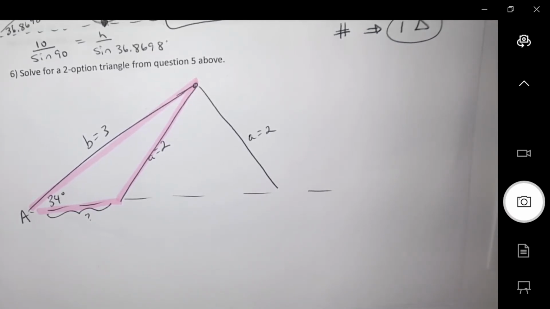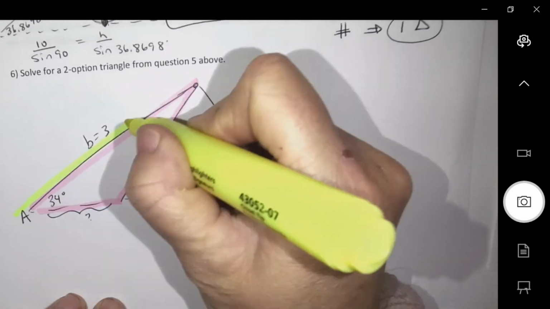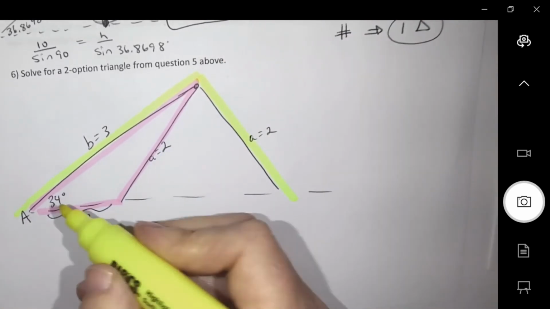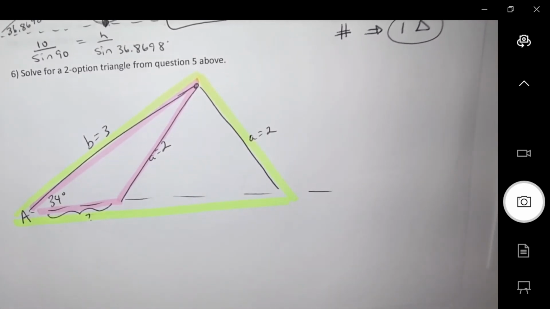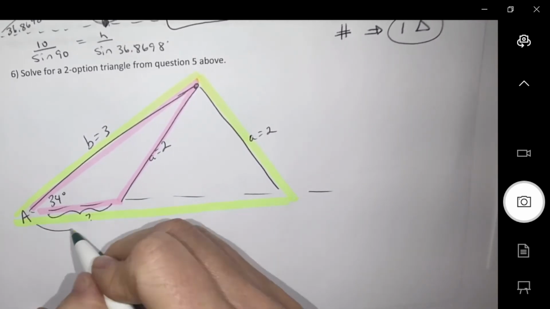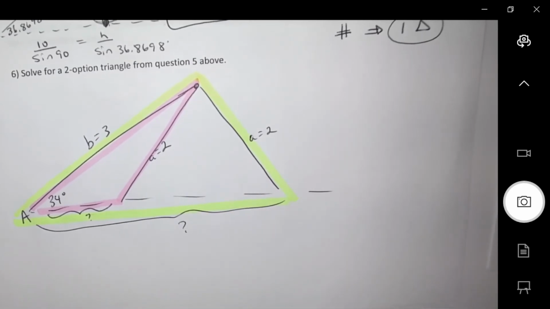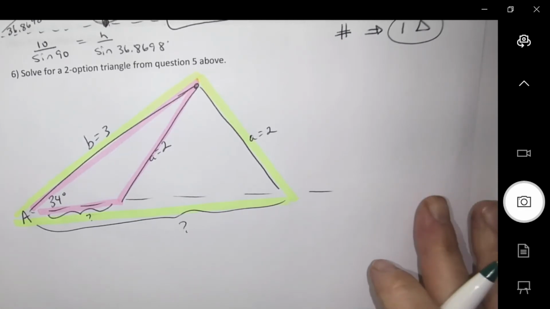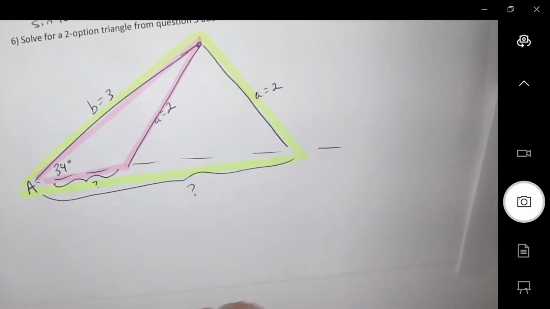So 3, 2, and question mark. Okay, that's our goal. Okay, remember your triangles, 3, 2, and the third side. Okay, so here we go.